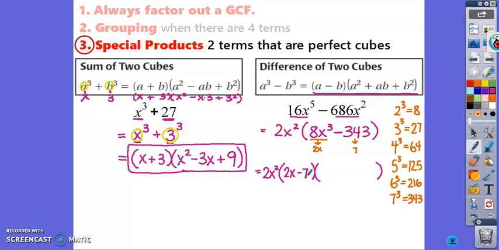A squared would be 2x squared, which I'm going to write as 4x squared, plus a times b, so 2x times 7, 14x, plus b squared at the end, and my b was 7, so a little 49 right at the end. Well, that's gorgeous.